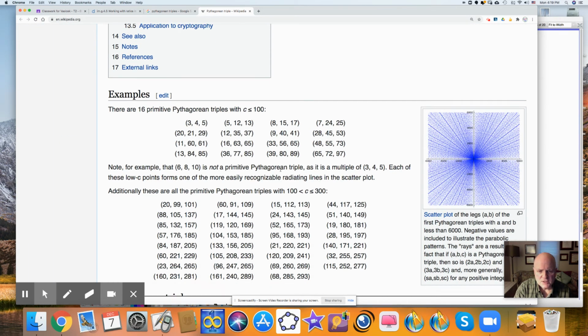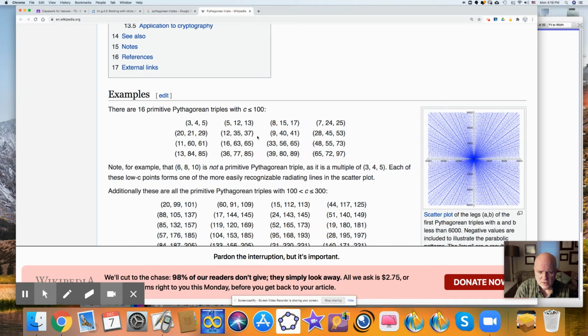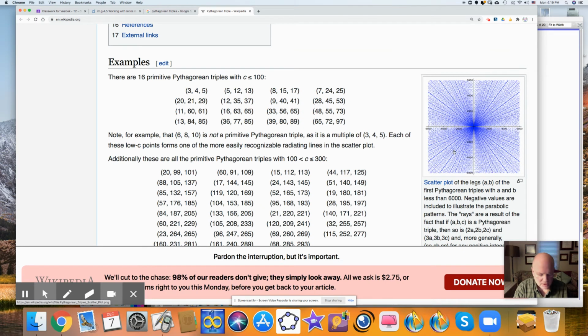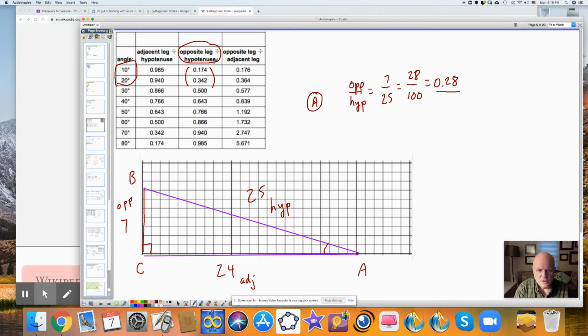But here you can list the 16 of the Pythagorean triples that are primitive, that is, not a multiple, like 6, 8, 10, or 9, 12, 15. So these are the primitive ones. There's only 16 of them with a hypotenuse of less than 100. And then they can list you several more, and there's an infinite number, but only a certain number have been found so far.